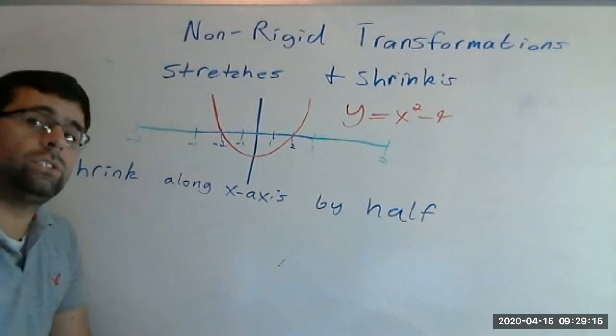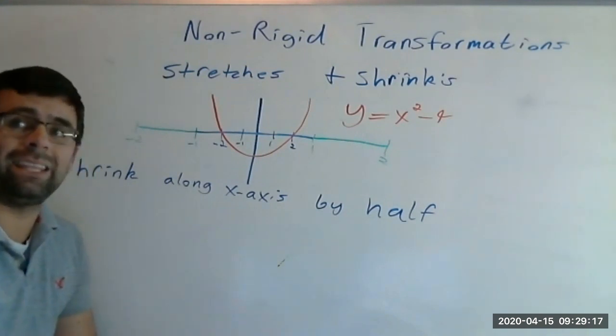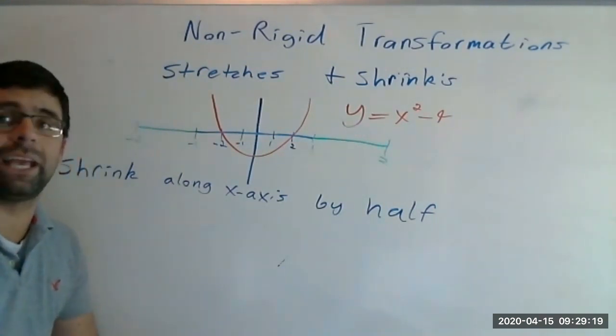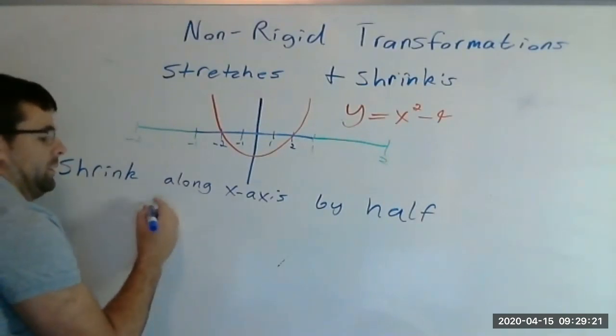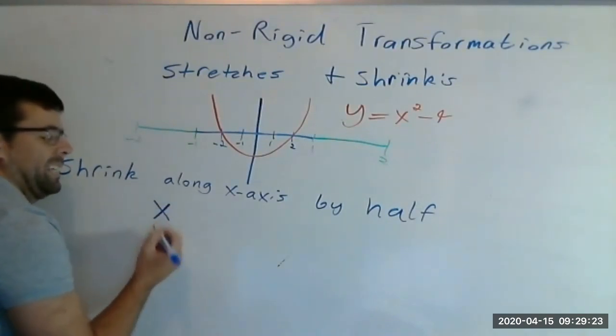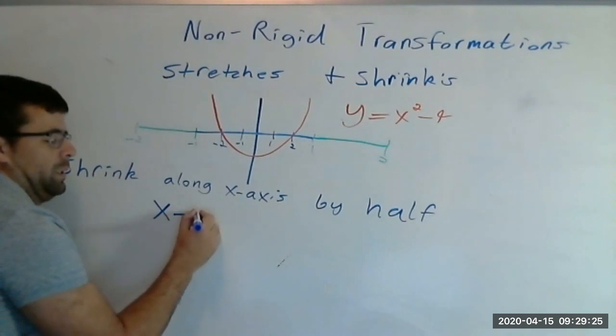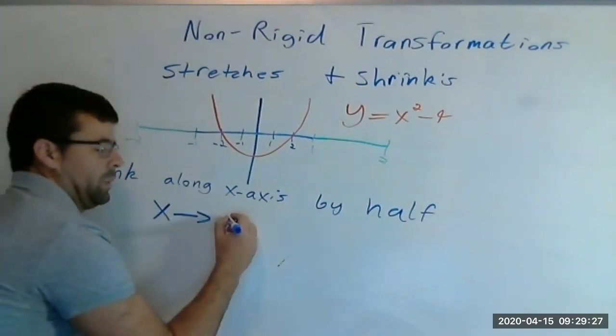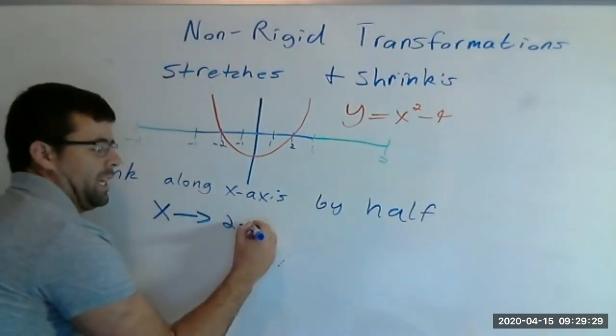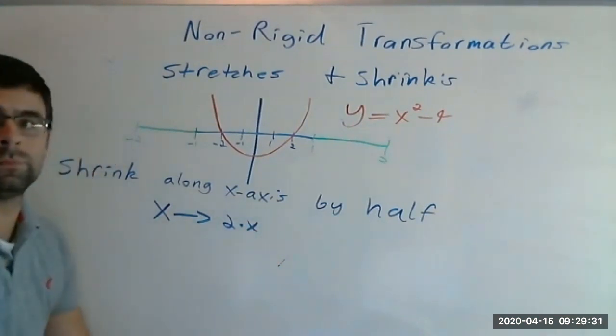What we actually do is we make the x-axis twice as big. So everywhere we see an x in our equation, we replace it with 2 times x.